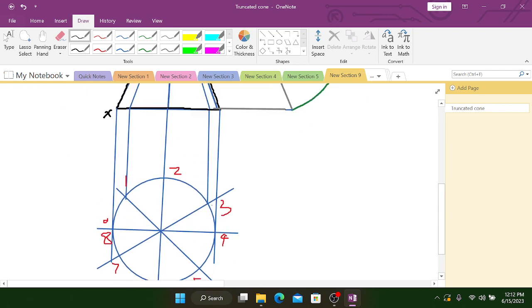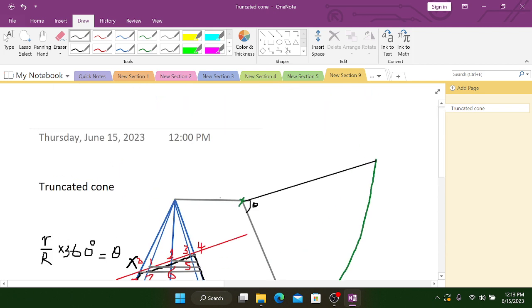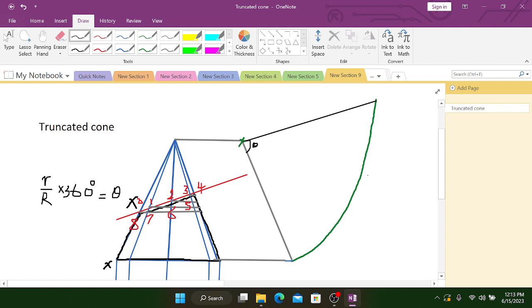Now we have 1, 2, 3, 4, 5, 6, 7, 8 equal parts. So I want to divide this one into 8. So I can bisect this angle first into 2, and after that I have to bisect those 2 into another 2.